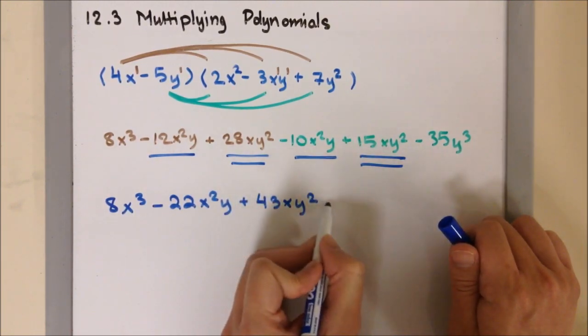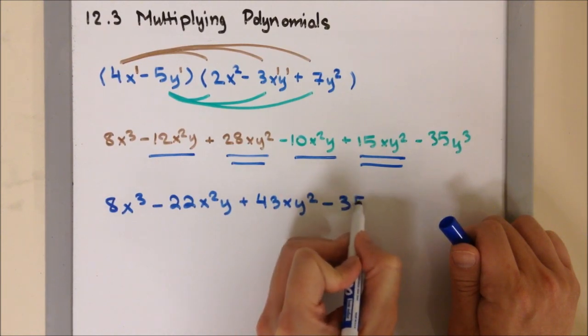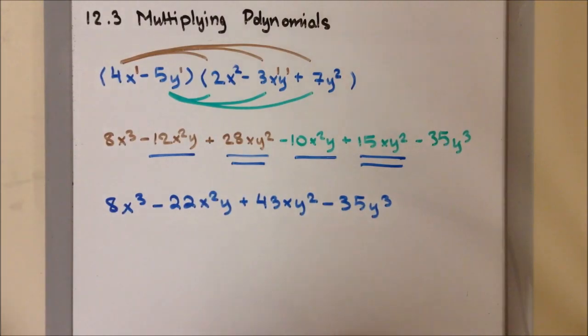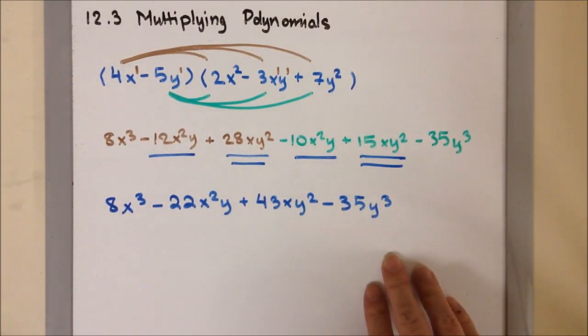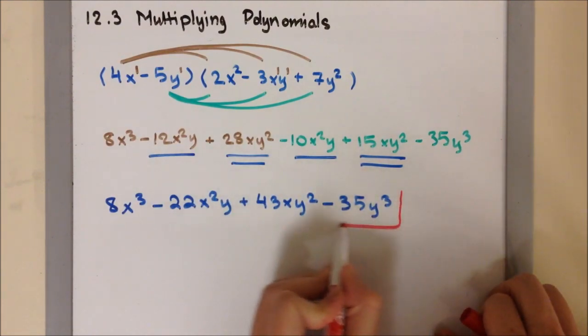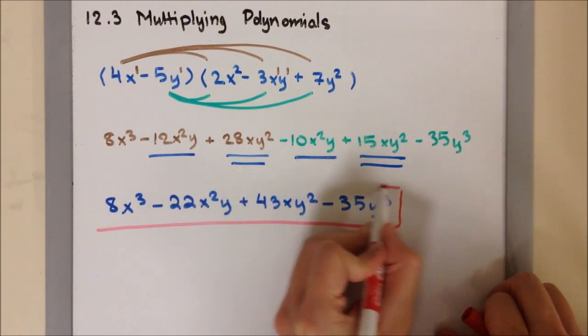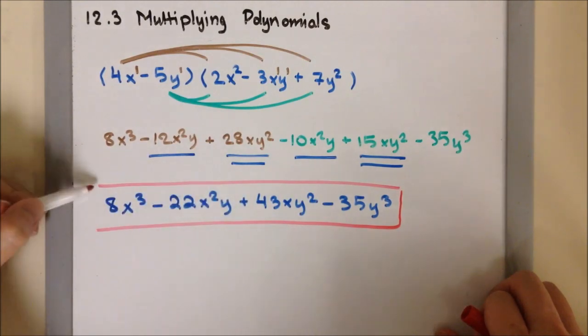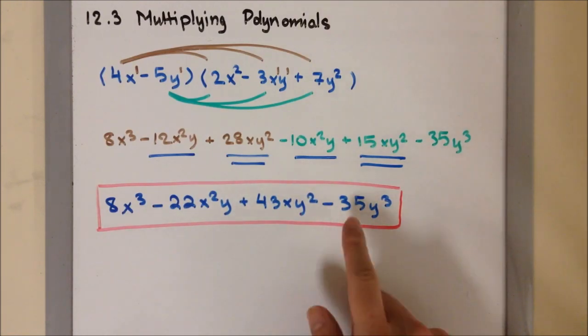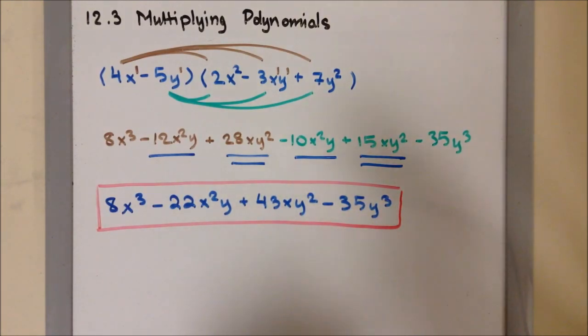And I'm bringing down minus 35y to the third. So in this example, we did have combined like terms, and this is our final answer. So let me box that up: 8x to the third minus 22x squared y plus 43xy squared minus 35y to the third. So double check if we have any combined like terms, make sure we have positive exponents, and that's pretty much it.